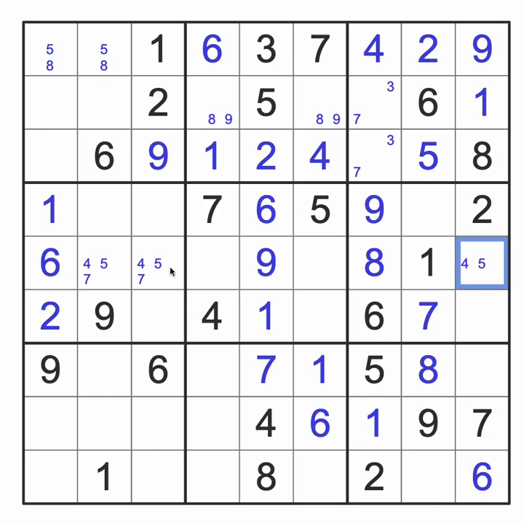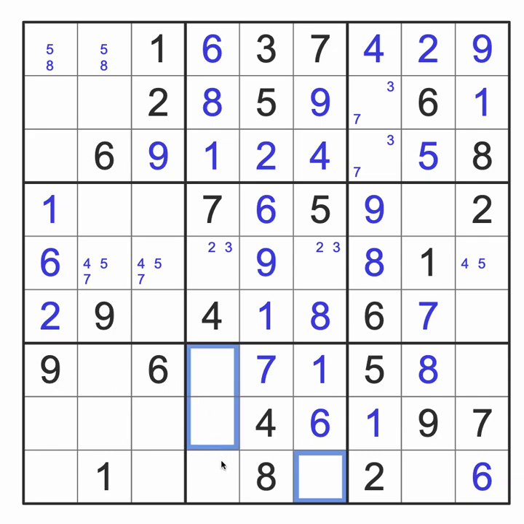Okay, so these are 4, 5, 7 triple. That gives me two numbers for these two cells, which will be 2 and 3. And of course 8 blocks here, so this becomes 8, gives me 9. This is 8. 9 now blocks this cell. 9 and 9 block these two, gives me 9 here.